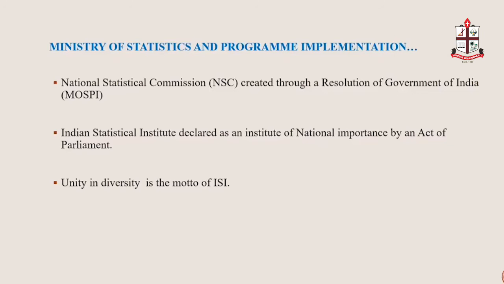Besides these two wings, there is the National Statistical Commission, NSC, created through a resolution of the Government of India, and one autonomous institute, the Indian Statistical Institute, commonly known as ISI, declared an Institute of National Importance by an Act of Parliament. Unity in diversity is the motto of ISI.